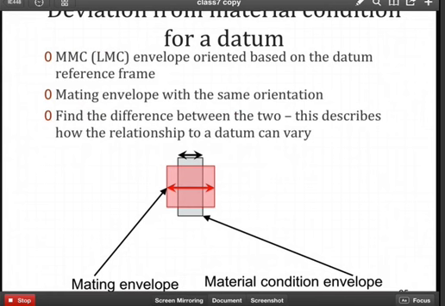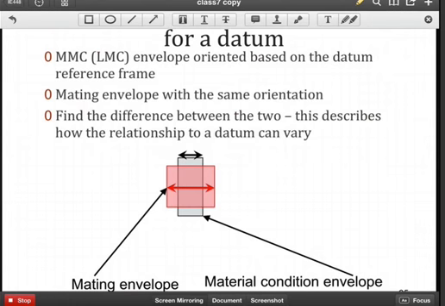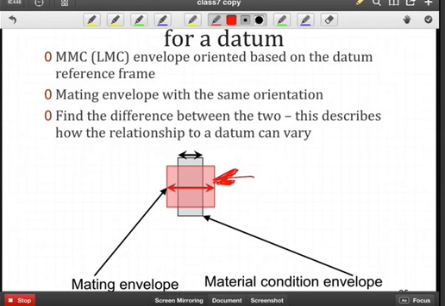So what happens when we deviate from material condition? Well, think of it this way. In this context, we have a mating envelope, and let's say we were to use this red zone here as a way of establishing the datum. And in this case, it has a much greater width than if we take the material condition envelope.